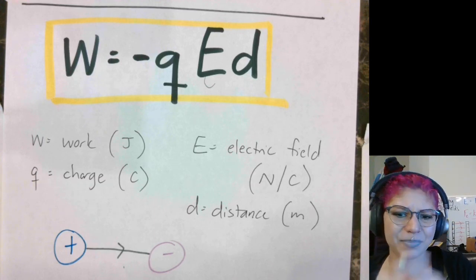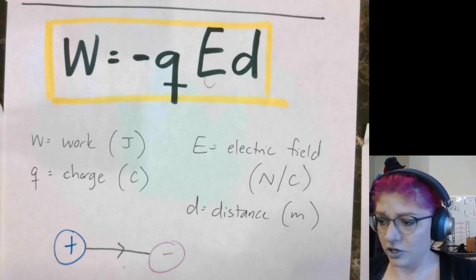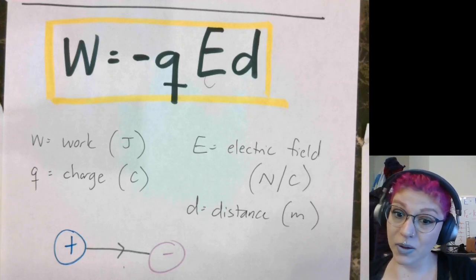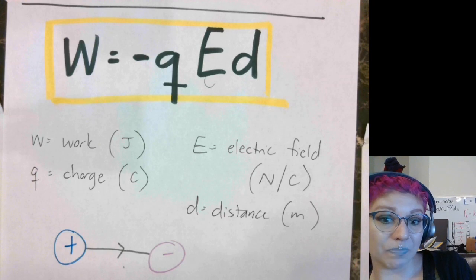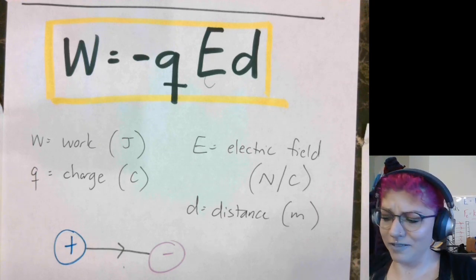I want to go one step farther for this equation. And again, I do recommend that you actually are writing these down because otherwise I feel like it's just not going to stick in your head, okay?